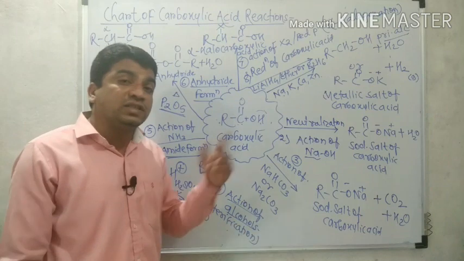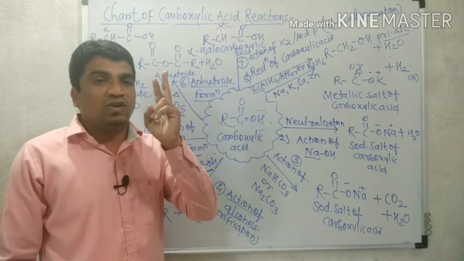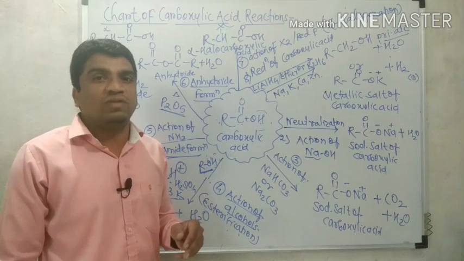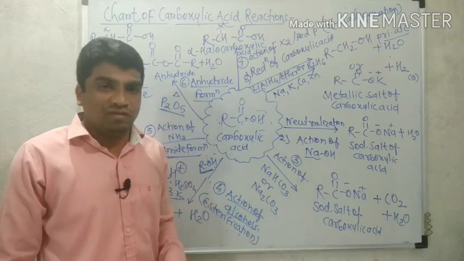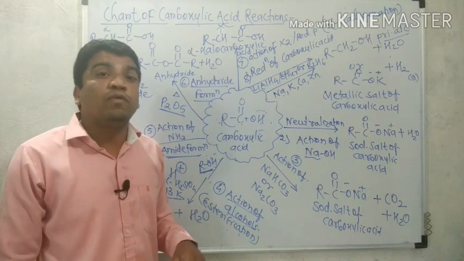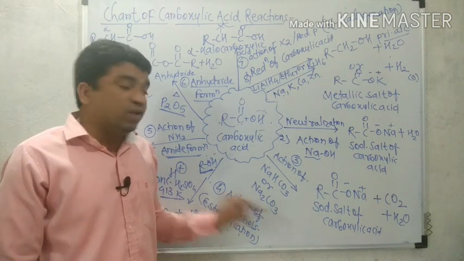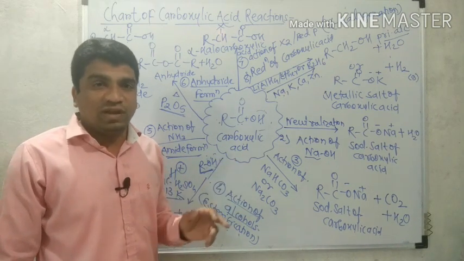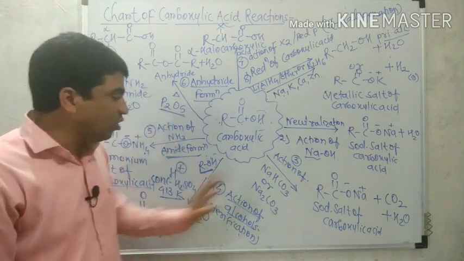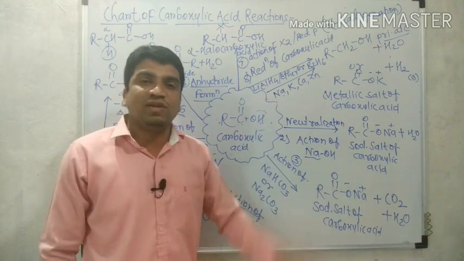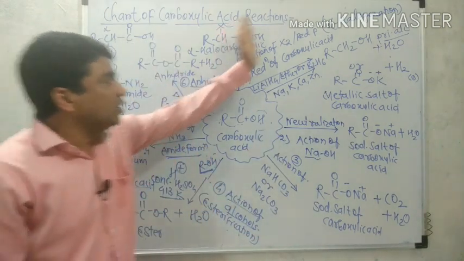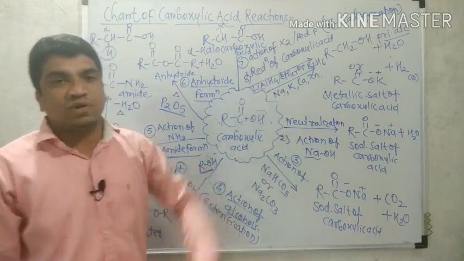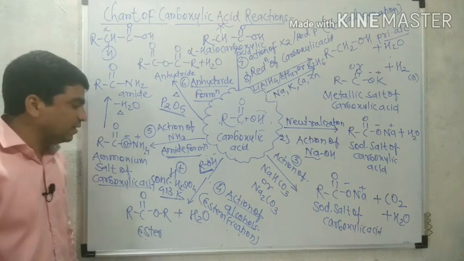If we take NaHCO3, we require 2 molecules of NaHCO3 with 2 molecules of carboxylic acid, then we produce 2 molecules of sodium salt of carboxylic acid for balancing the reaction. And if we take Na2CO3, then 2 molecules of carboxylic acid react with only 1 molecule of Na2CO3 to give sodium salt of carboxylic acid. All these reactions, 1, 2 and 3, produce sodium salt of carboxylic acid.